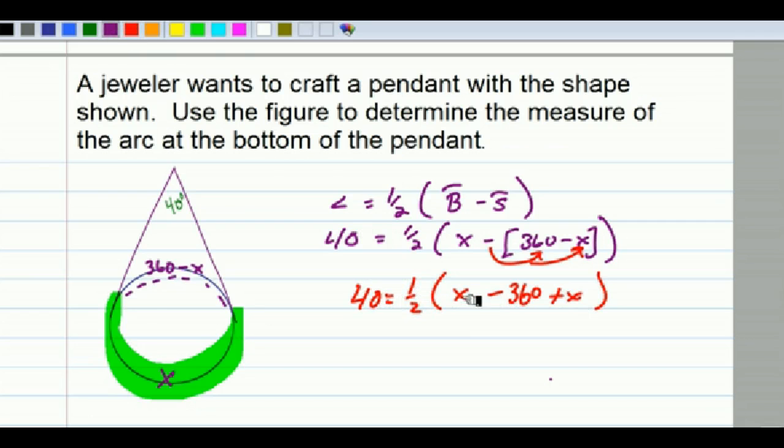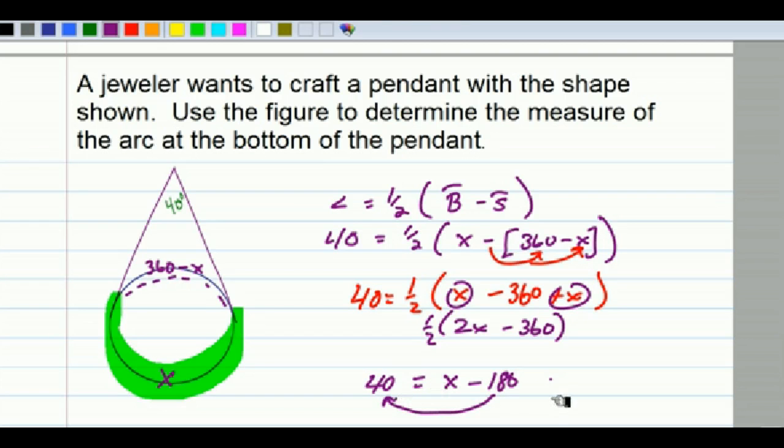Doing little algebra tricks, x's turn to 2x minus 360, times 1/2. Now we could move that 1/2 over by doubling, or we could distribute. Let's distribute this time. x minus 180 equals 40. Solve for x. x equals 220 degrees. So the measure of the arc at the bottom of the pendant is 220 degrees.